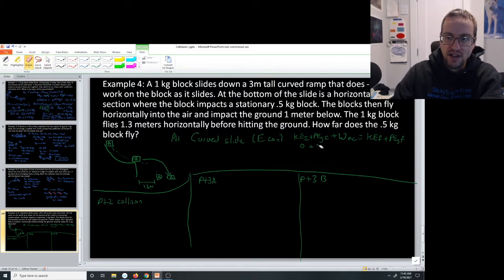Mass is 1. It's the height that's 3. 1 times 9.8 times 3 minus 10. That's my non-conservative work equals 1/2 mv.